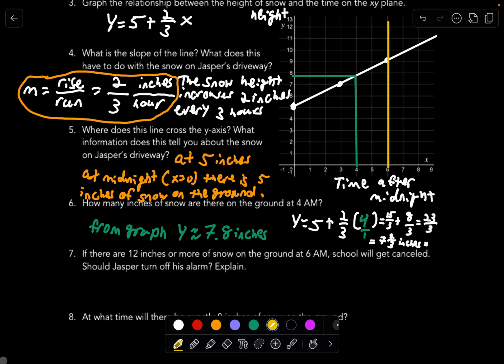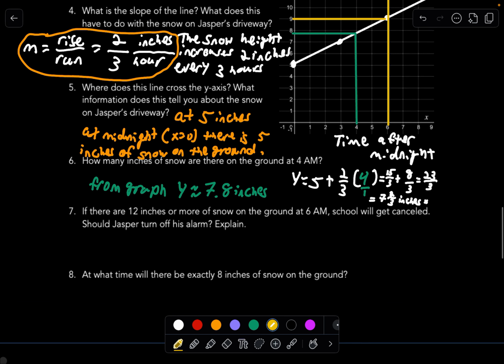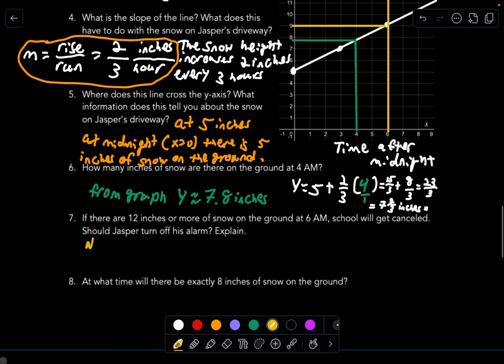And by looking at this, you see that it's 9 inches. So since 9 inches is less than 12, school will still be in session. So no, Jasper will have to go to school.